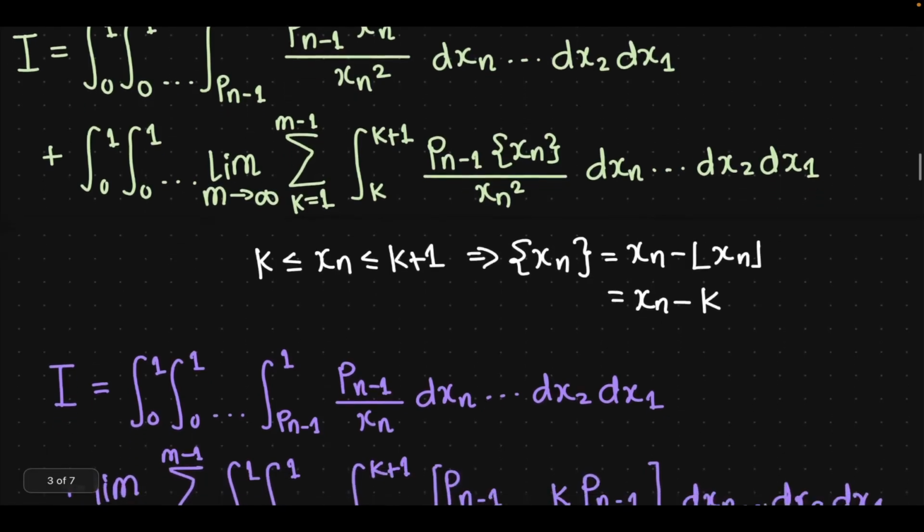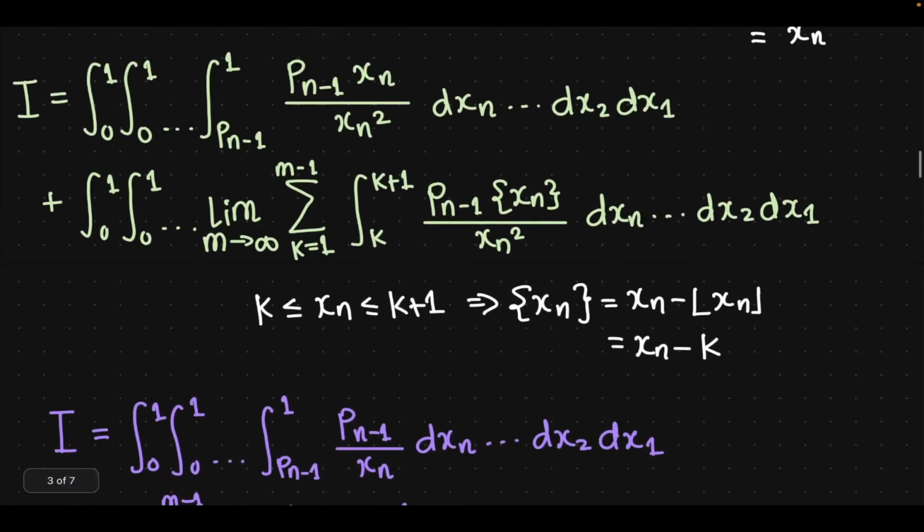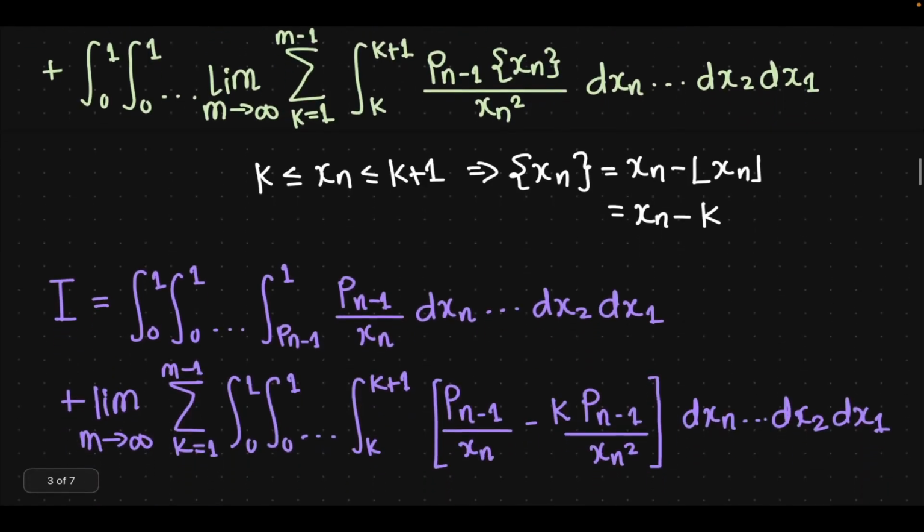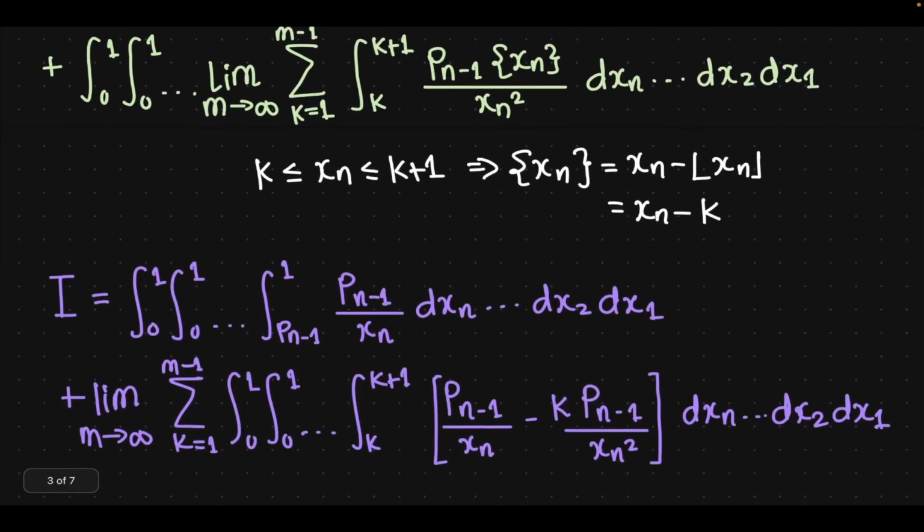So for the first integral, I've just cancelled one factor of xn here. xn cancels with the xn squared to give me xn. That's kind of obvious. Now we can take the limit and the sum outside. We have integral 0 to 1, 0 to 1, and then the xnth integral is k to k plus 1.